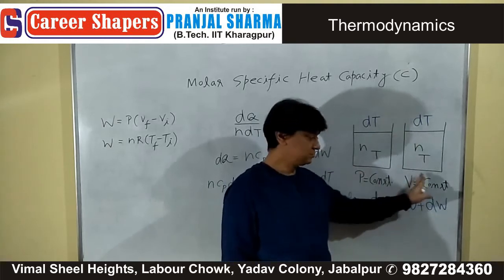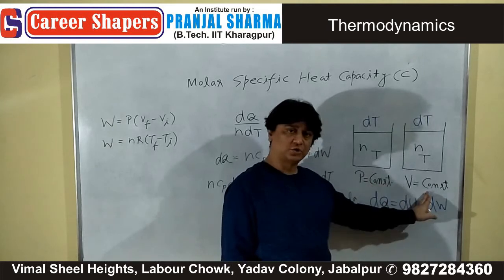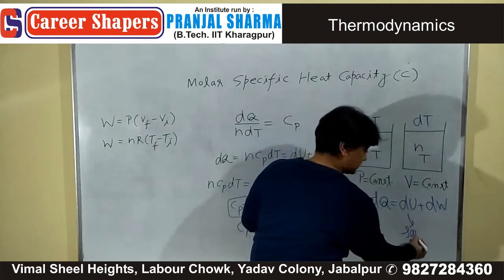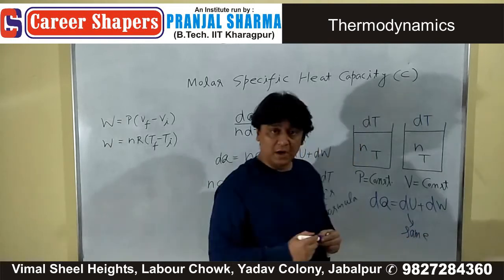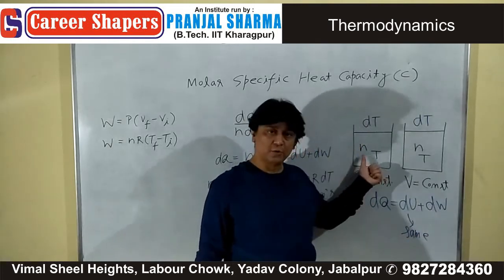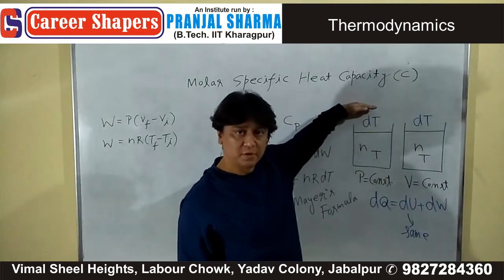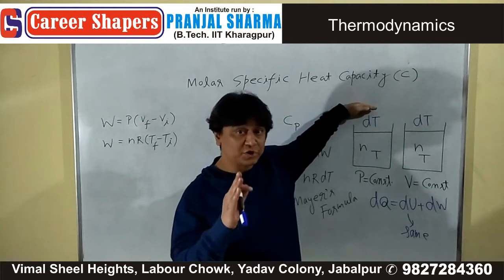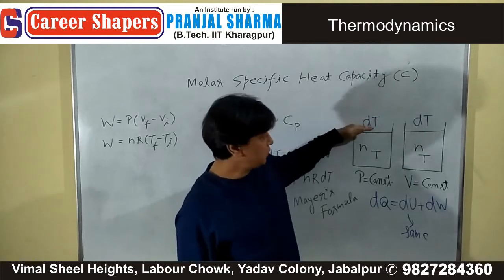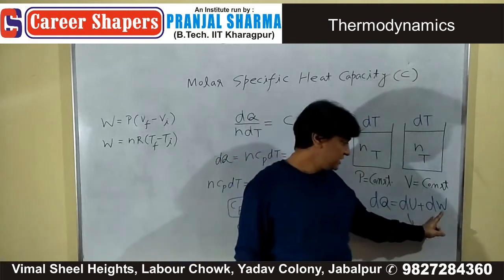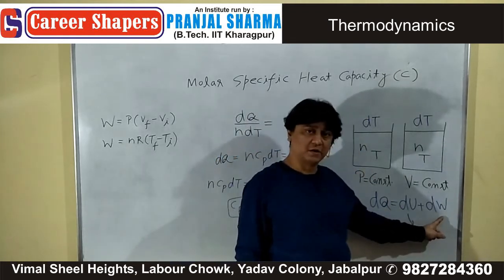Same for both isobaric and isochoric. This dU part is the same. But in the isobaric process, this piston is moving up because only pressure is constant, volume is not, and therefore this piston is going up. If the piston goes up, that means this dW is also present.